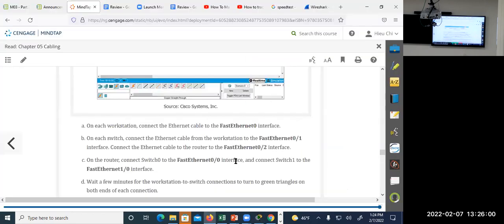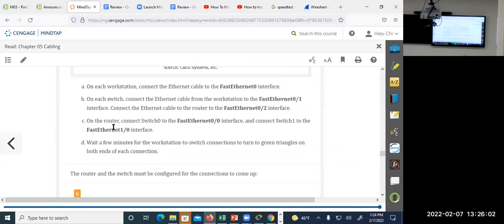Now, the first step, right? So on the router, connect the switch F0 to the F0/0 and the switch here to the F0/1 on the router.